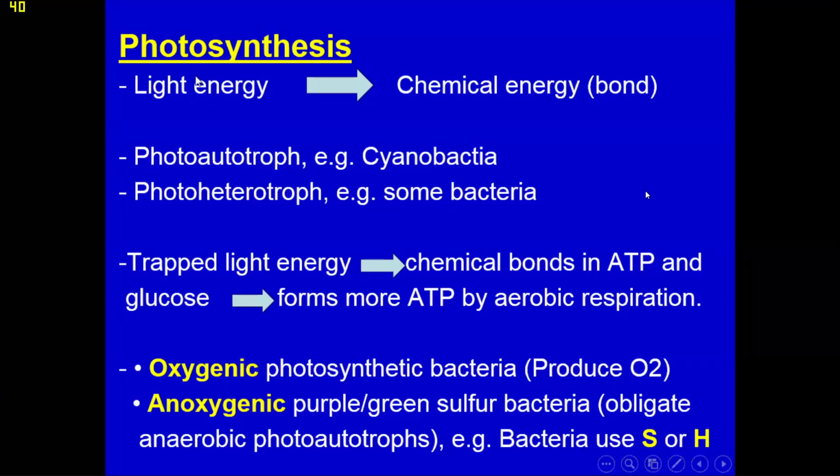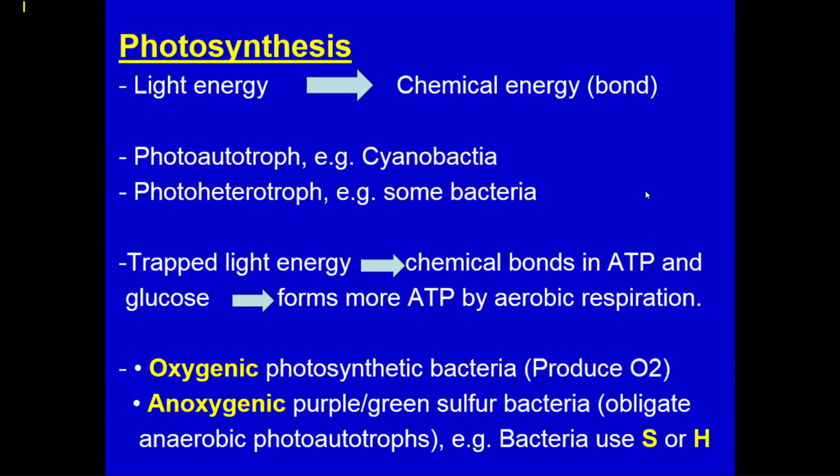Light energy will be converted to chemical energy in the form of bond. كيف الميكروبس تصنع. Photoautotrophs, example, photo, light, auto, it means CO2, cyanobacteria. كيف السيانوبكتيريا تصنع الطاقة؟ بهذه الطريقة. Photoheterotroph, some bacteria حكينا. Photo, light. بينما أغلب البكتيريا chemoheterotroph, chemical, مو light.